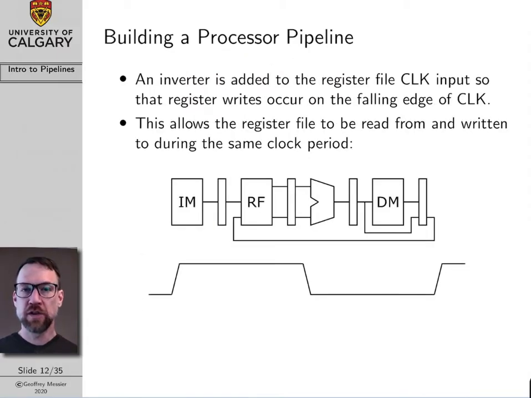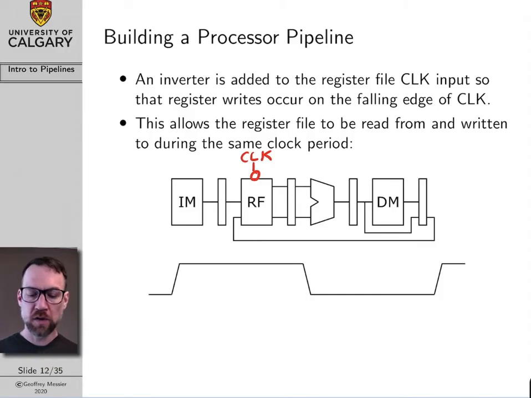One other modification that we make to our microarchitecture is to add an inverter to the clock input of the register file. And that means, in our original design, a register was always written on the rising edge of the clock.